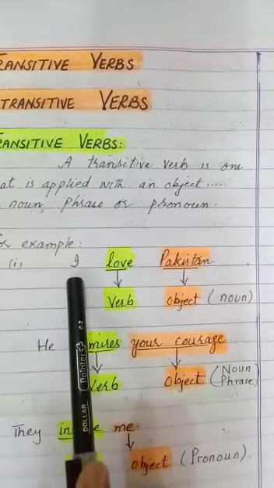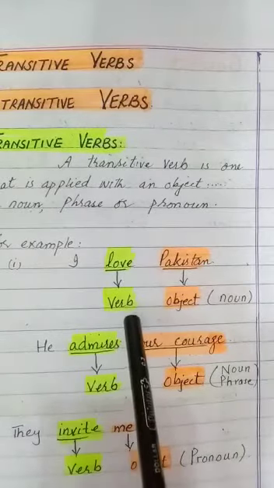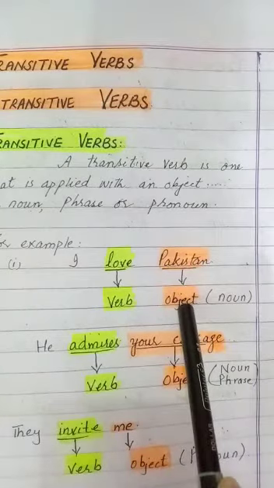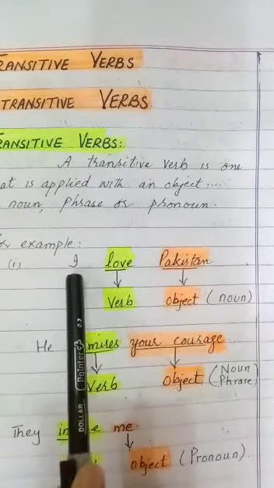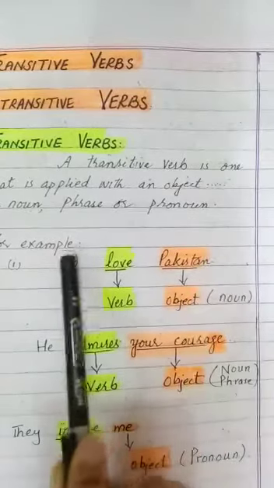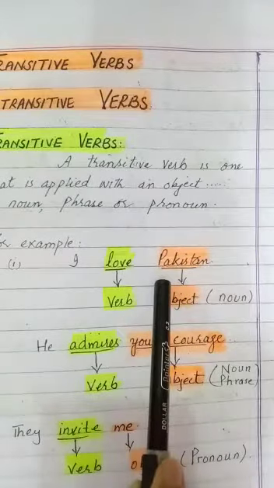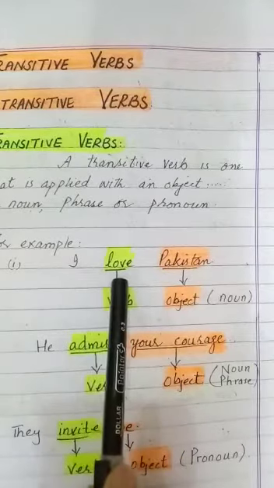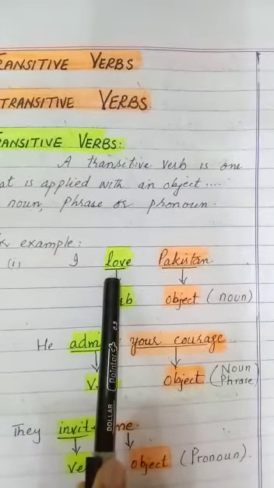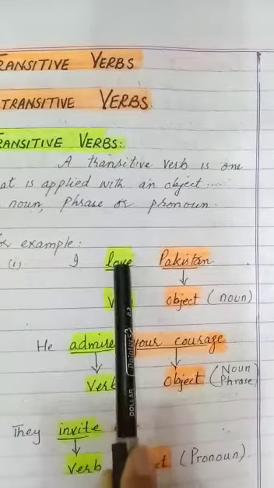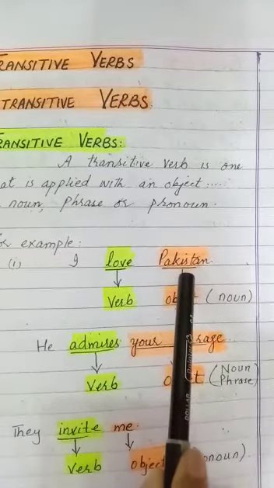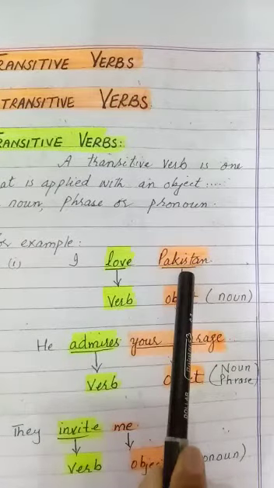Subject is the doer of action, verb is an action word, and object is the receiver of an action. And these three are making a complete sentence. Out of these three, subject and verb are the important elements for the completion of a sentence, because sometimes we have an object in the sentence and sometimes we don't need an object.